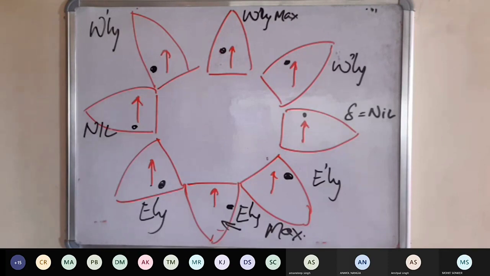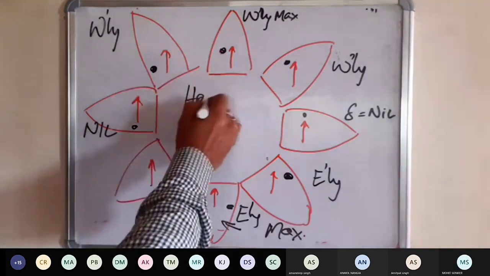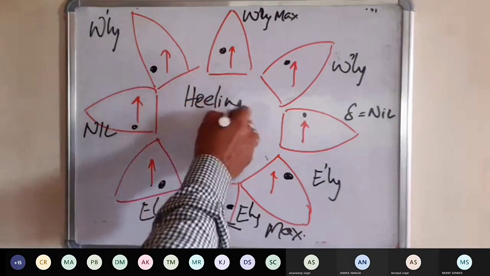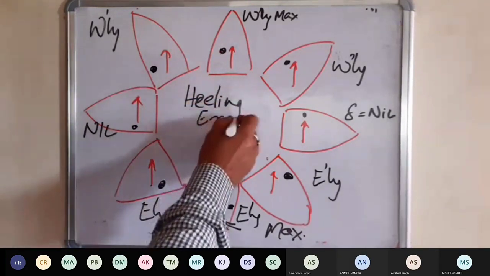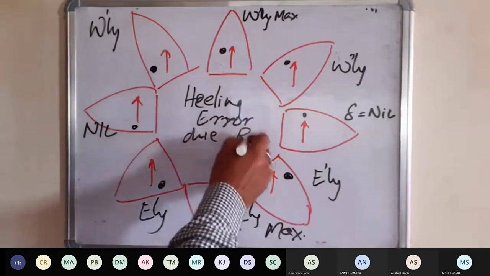Are we good? This we are talking about heeling error due to R.